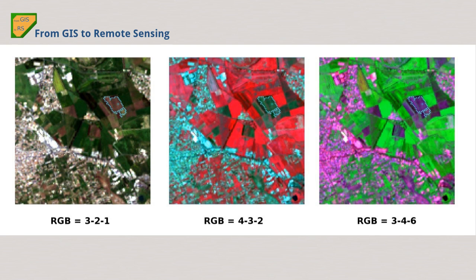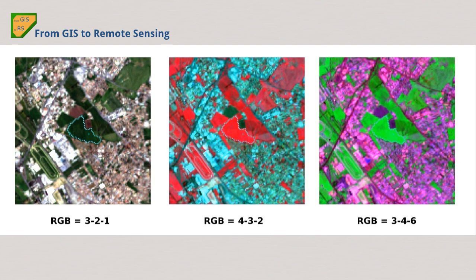We can also identify bare soil, for instance this uncultivated land, which in the RGB 321 is brown, while in the RGB 432 it is particularly different from cultivated land, which is red in this color composite. As you can see, the RGB 432 is particularly useful for identifying crops and healthy vegetation.